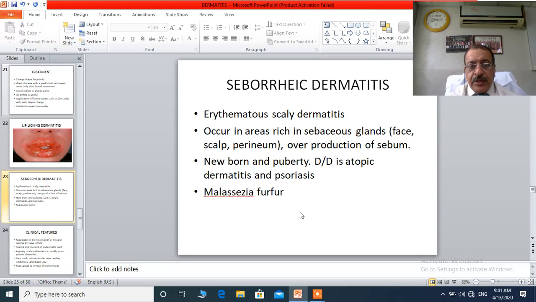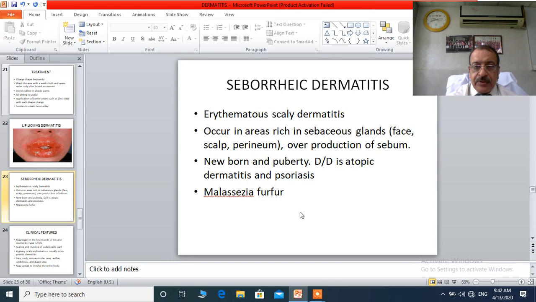The next common type of dermatitis is seborrheic dermatitis. This is an erythematous scaly dermatitis. The most important thing to be remembered is that it involves the areas which are rich in sebaceous glands like face, scalp, perineum.